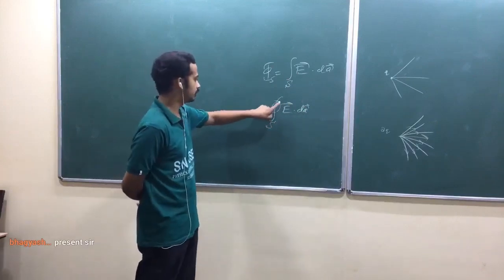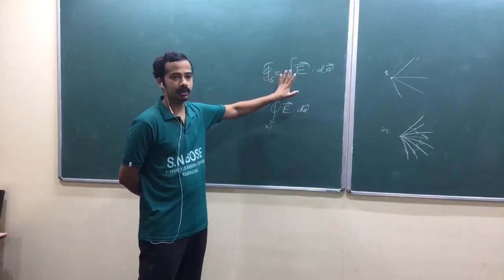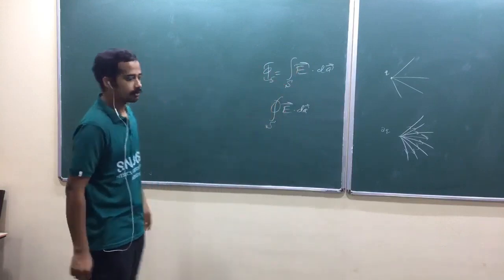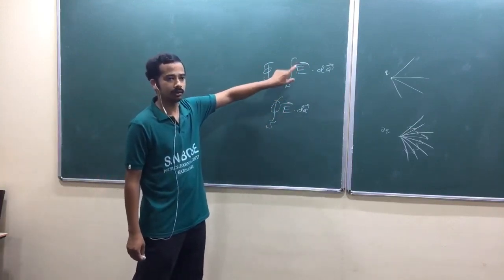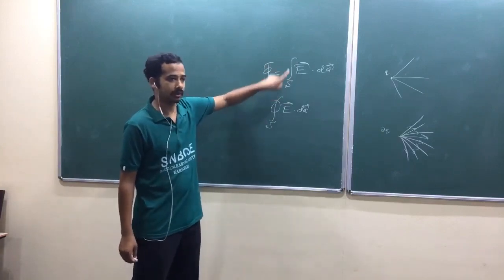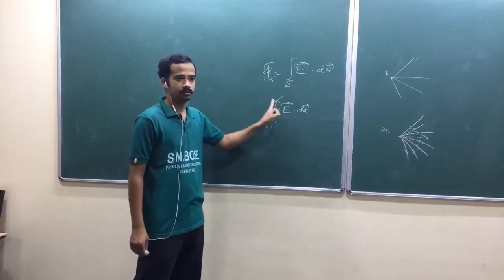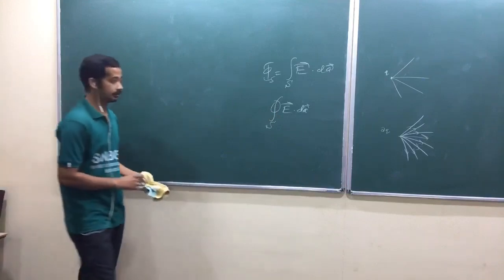For a closed surface, you have to put one more circle here. For an open surface, you have to leave it as it is. That is the accepted notation, so don't make any mistake. If the surface is open, don't unnecessarily encircle that one. If the surface is closed, don't forget to do it like that. Okay, be careful.